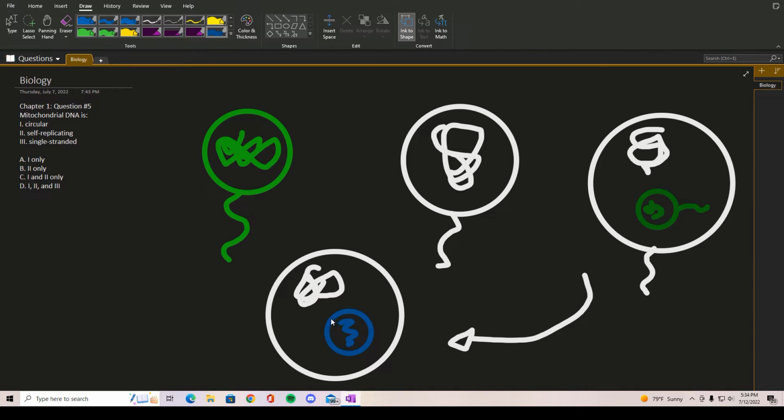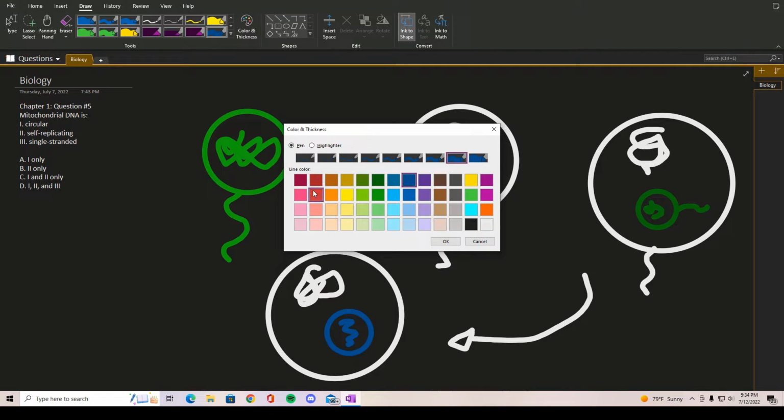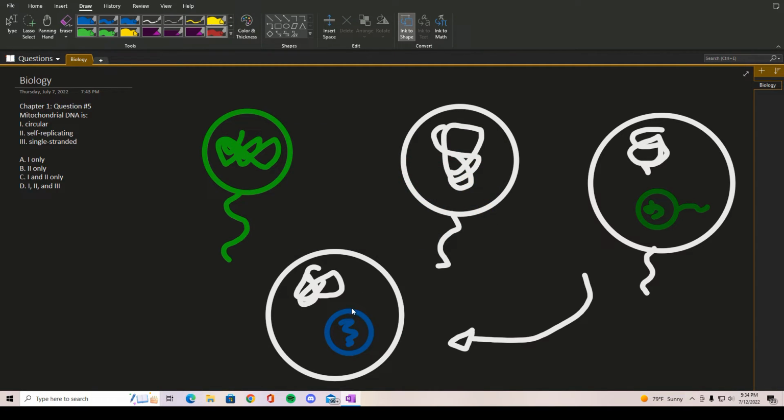Remember guys, this is just a theory, but we think that mitochondria came from what was once an aerobic prokaryote. So I'm just going to draw it in red here so it's a little easier to see, but this was once this. And so, if mitochondria came from an aerobic prokaryote, we would expect mitochondria to be very similar in structure to prokaryotic structure, including its DNA.